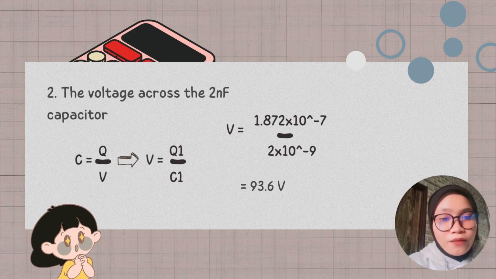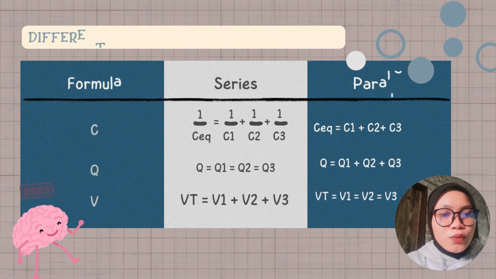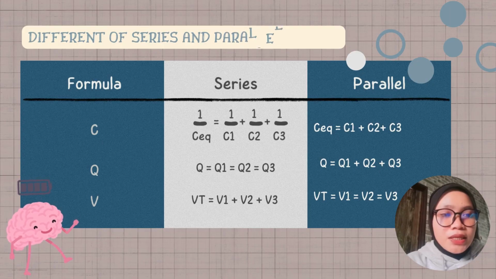So Q1 we know, which is 1.872 times 10 power of negative 7, divided by C1. C1 is 2 times 10 power of negative 9. So the answer is 93.6 volts.